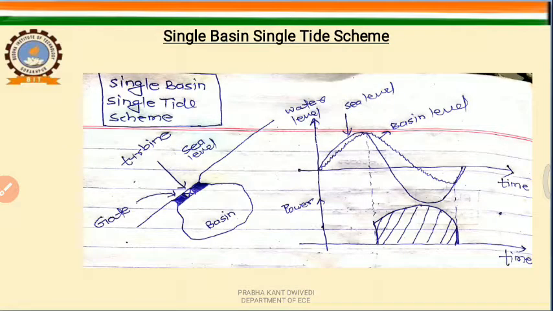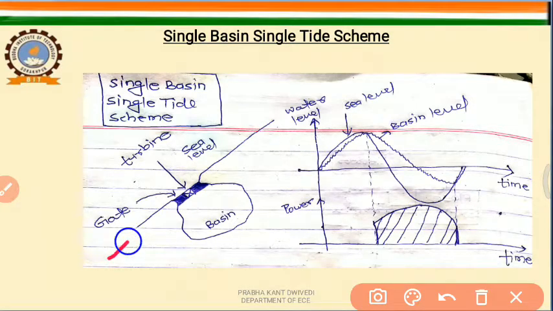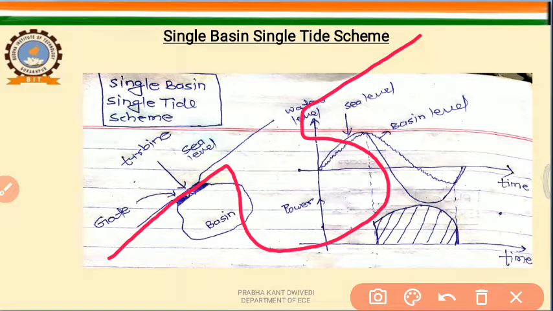If we look at the single basin system, as the construction was discussed earlier in the previous lecture, the dam, the basin, is constructed like this, and in this opening, this is the discussion of the single basin single tide scheme.